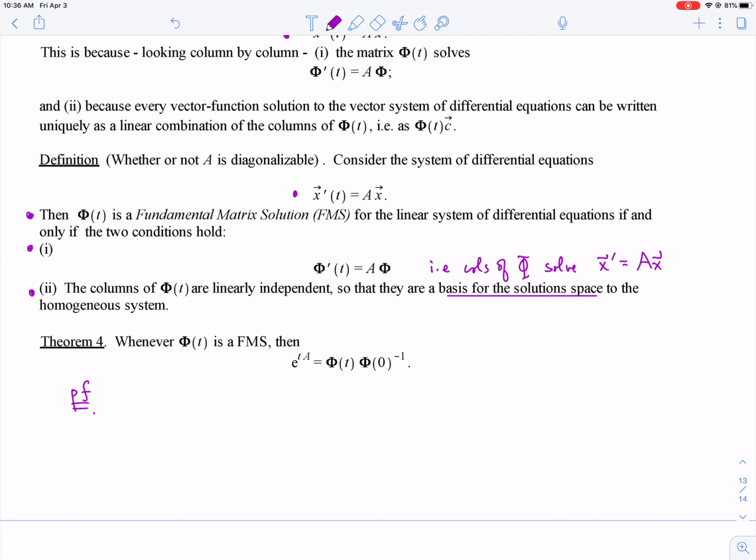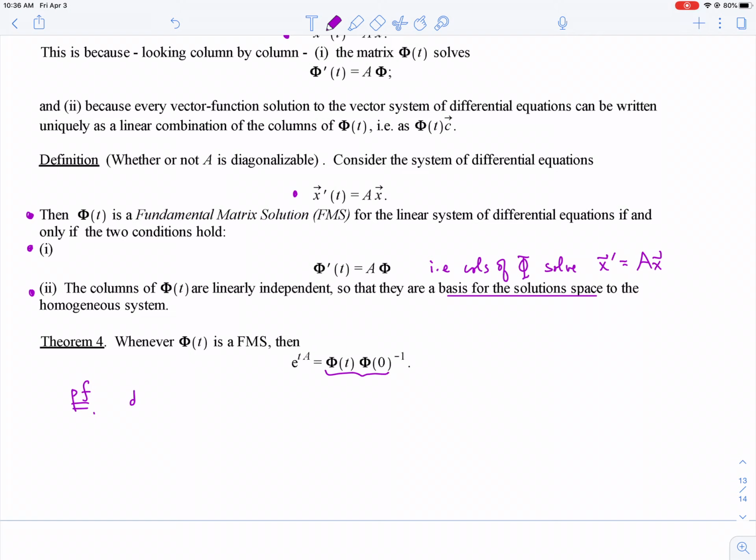Basically, by multiplying on the right by Phi(0) inverse we just changed our basis of the homogeneous solution space. Let's verify conditions 1 and 2 for this new alleged fundamental matrix solution.